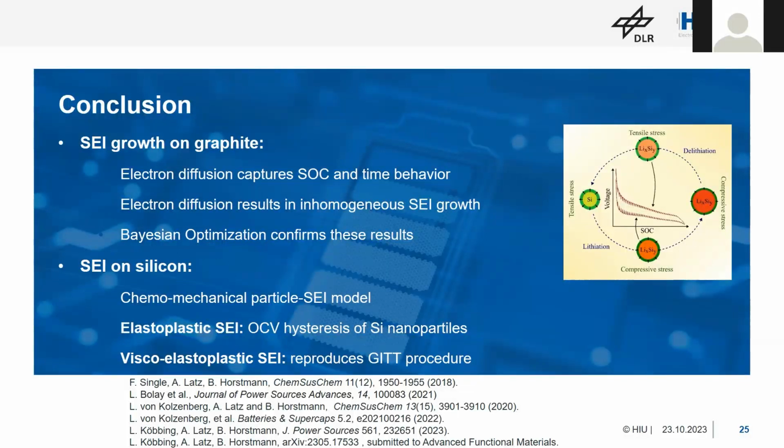On silicon, we built a chemomechanical particle SEI model, and the elastoplastic behavior shows us also the OCV hysteresis of silicon nanoparticles, and the viscoelastoplastic SEI reproduces the full GITT, so also the time scales of relaxations in this hysteresis. So with this, I thank you for your attention.